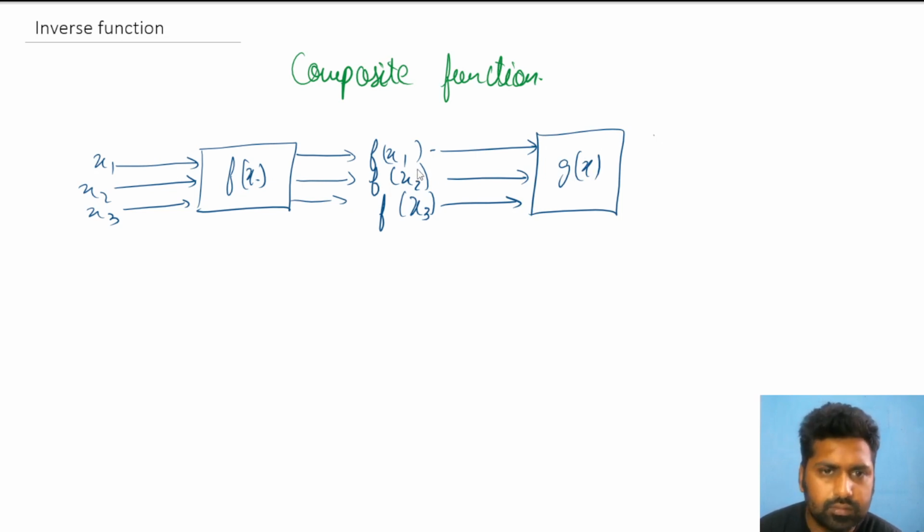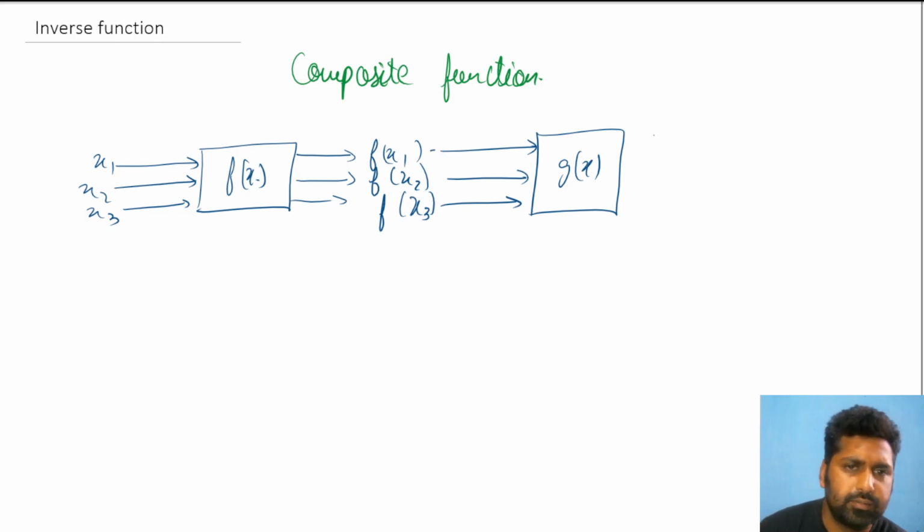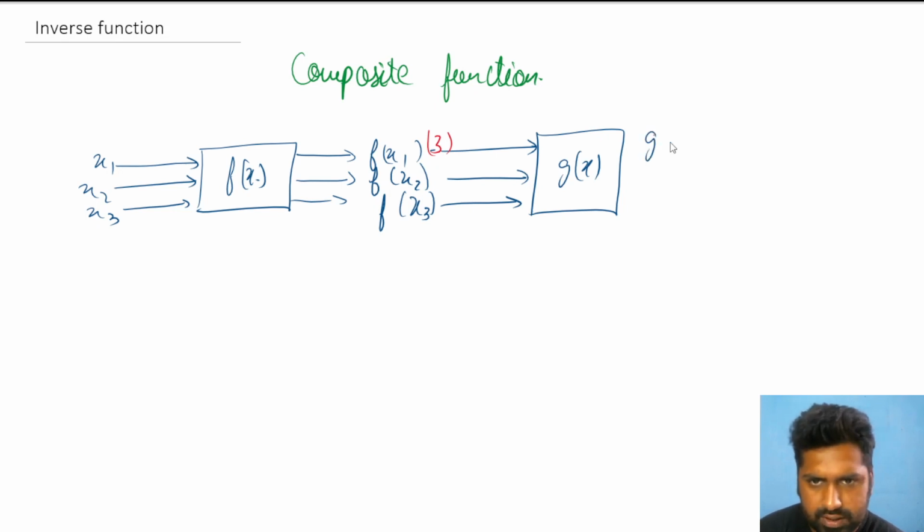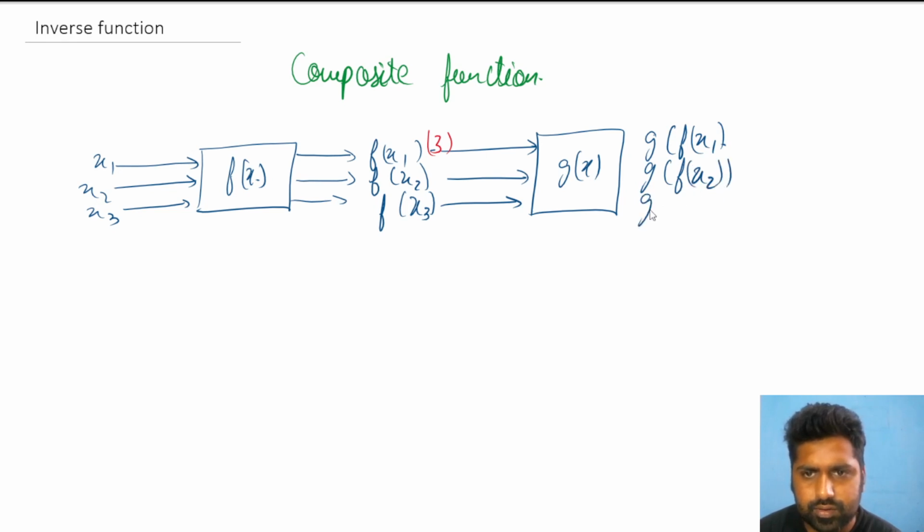So what do you get? Let's say this value was 3. So you get g of 3. And what is 3 actually? f(x1). So basically you get g of f of x1. Similarly, this you get g of f of x2, and this you get g of f of x3.